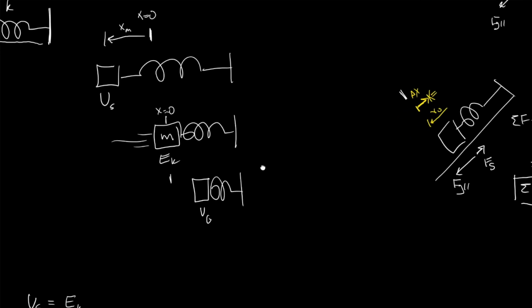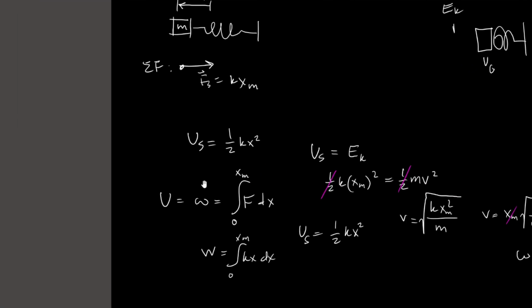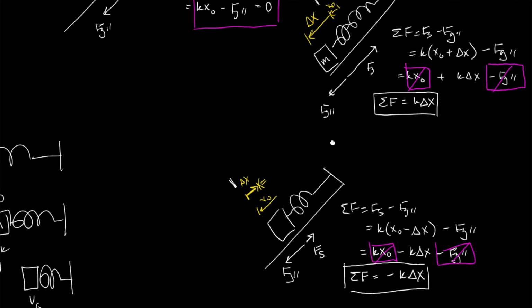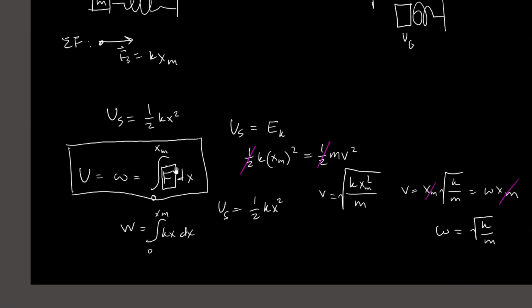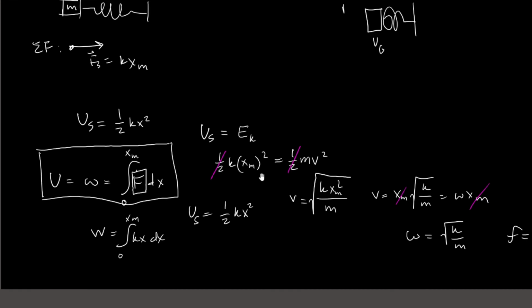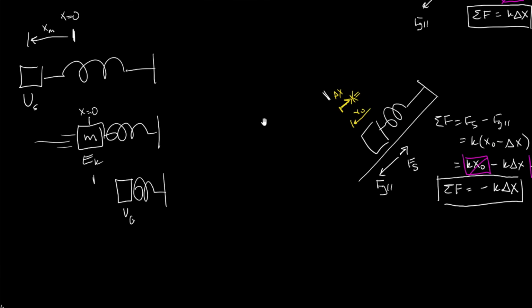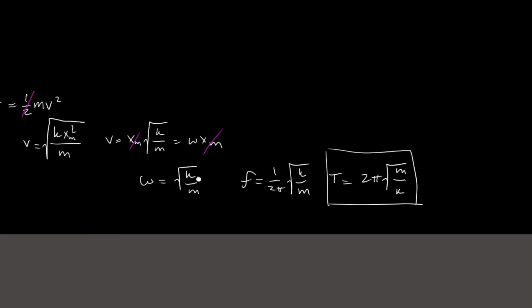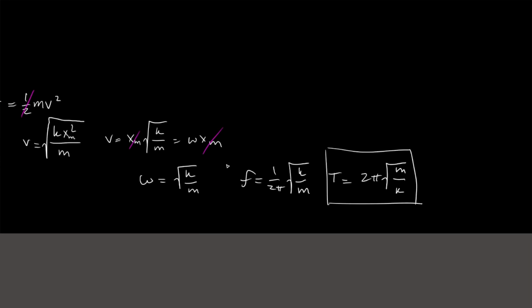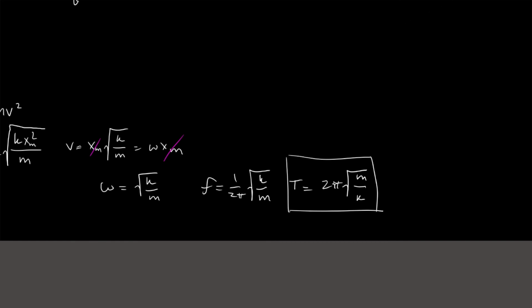So we can still get the total potential energy using this function, and we still get the same result because the force that is required to move our box from its equilibrium position in the slanted example is still equal to k times delta x, which still gives us a total potential energy equal to 1/2 k x squared, which still gives us the same result of v equals x_m square root k over m, and then period is equal to 2 pi square root m over k.